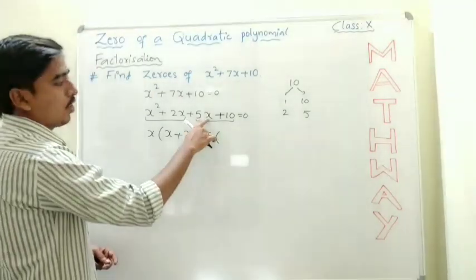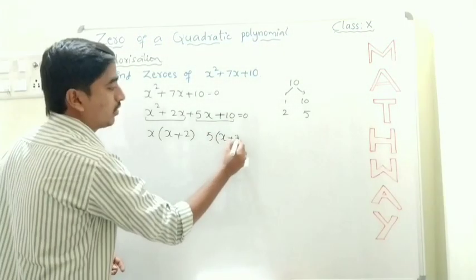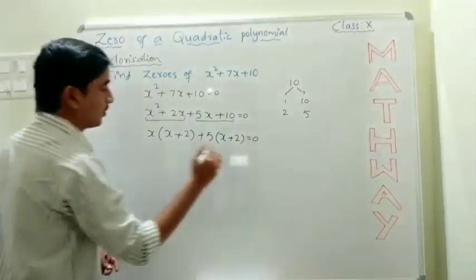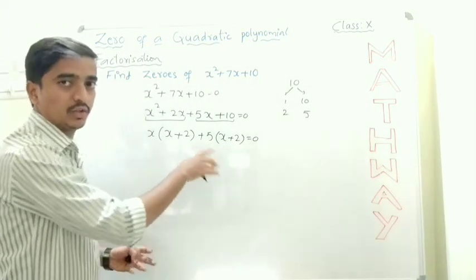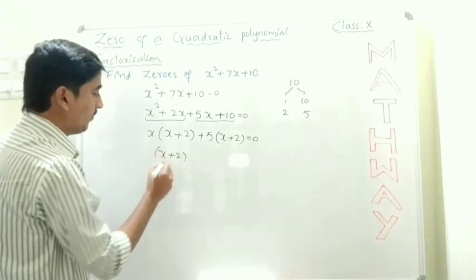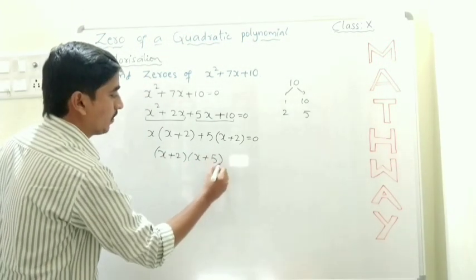After taking 5 common, x is left, plus 5 twos are 10, so 2 is left, and it is plus. Now x plus 2 is common in both terms. Then finally x is left and 5 is left.